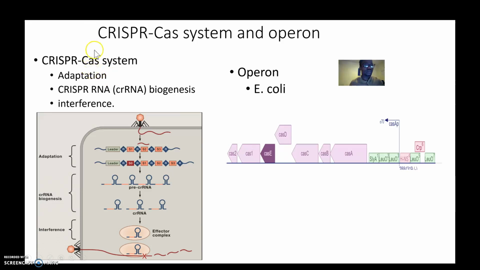The CRISPR-Cas system is a mechanism of immunity in bacteria. Bacteria use the CRISPR-Cas system to defend themselves against bacteriophages and certain viruses. 50% of bacteria contain the CRISPR-Cas system, and 90% of archaea contain it. The first figure depicts the CRISPR-Cas system.